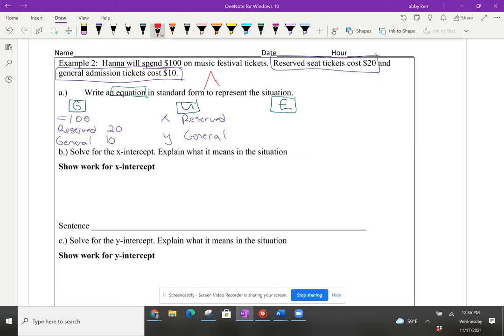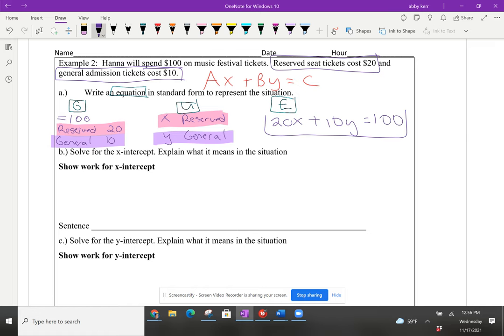And we have to set it up into that Ax plus By equals C form. So how we do that: our reserved is our X, and we're talking about $20 per ticket for our X. Plus, we're talking about our general ticket, how much? It was $10 per Y, and she only has $100 to spend.